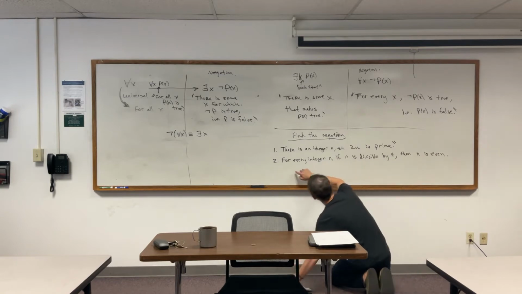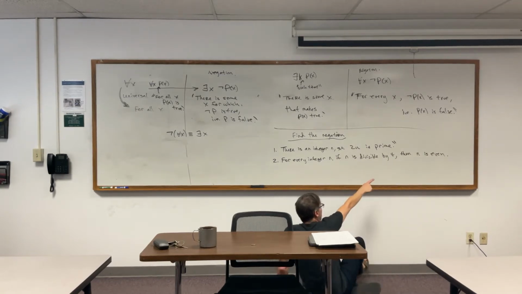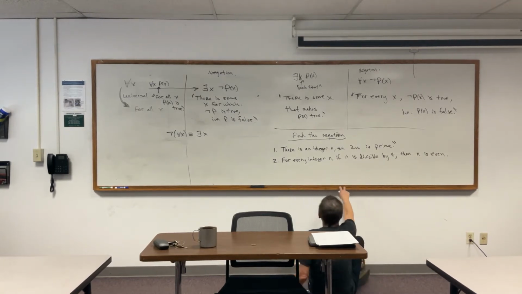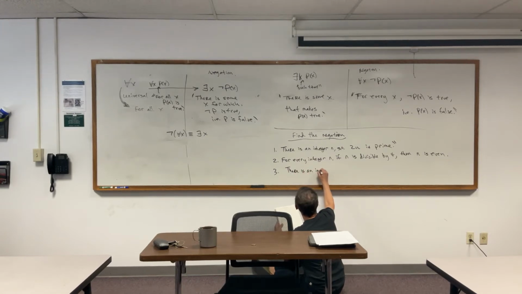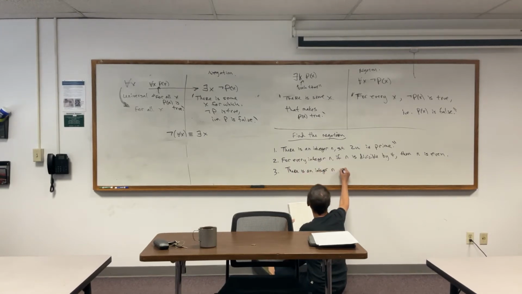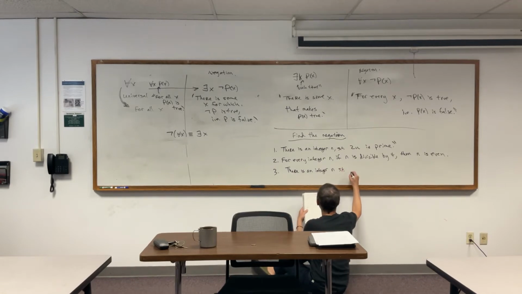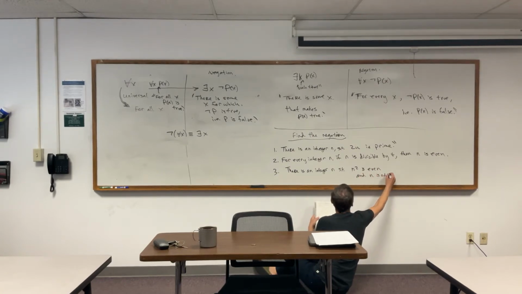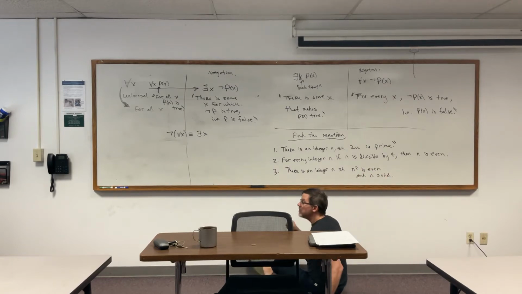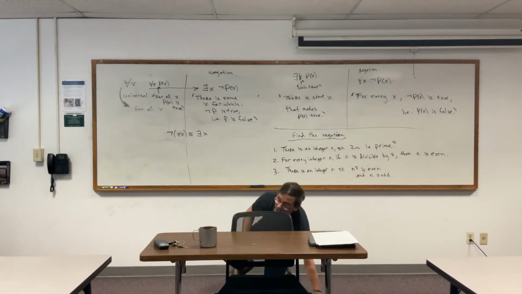In this one, you have to negate the first part, the quantifier, and then the actual statement. And number 3, the last one: there is an integer n such that n squared is even and n is odd. You might need a special logic rule to negate that one.